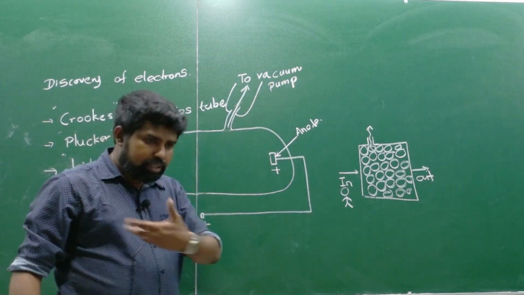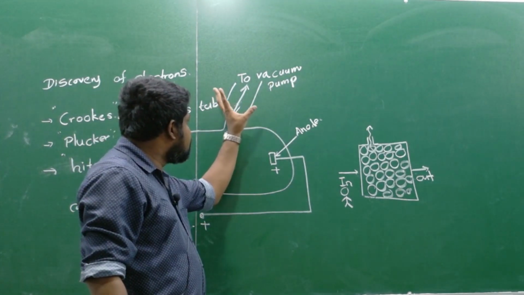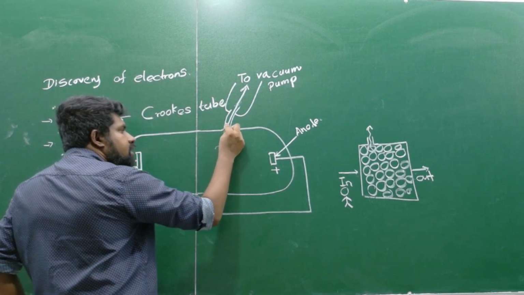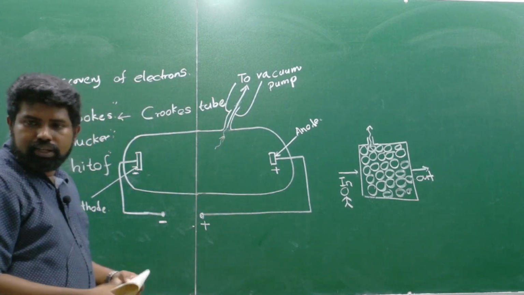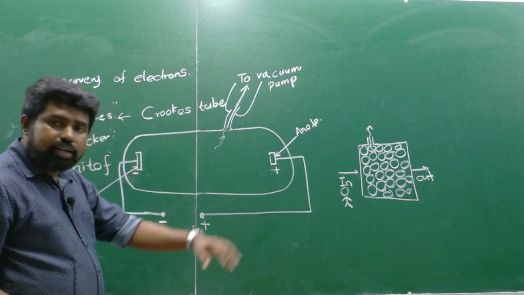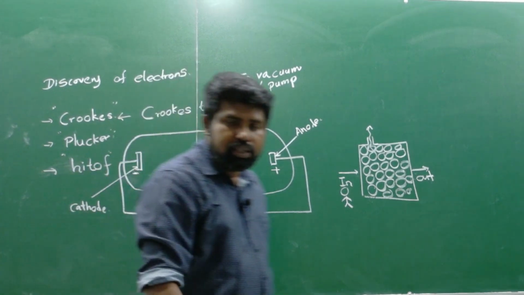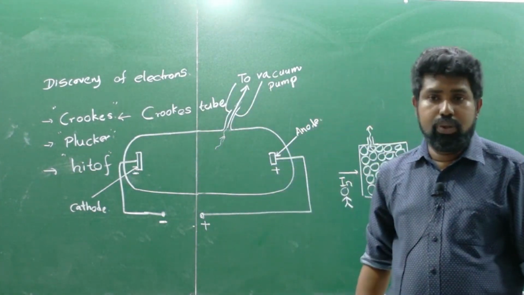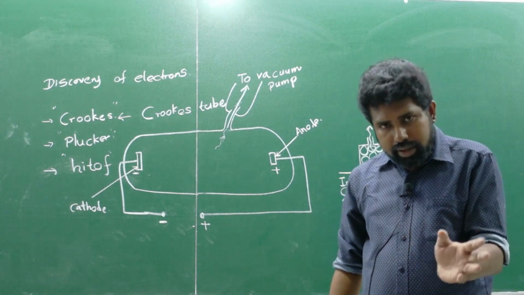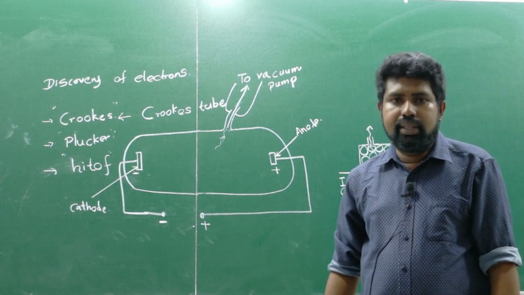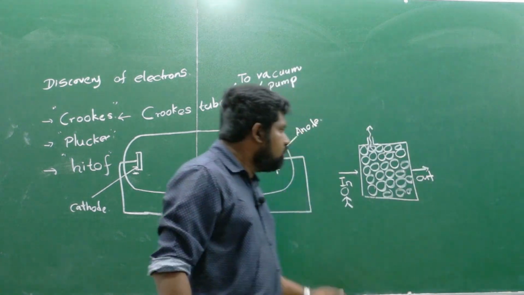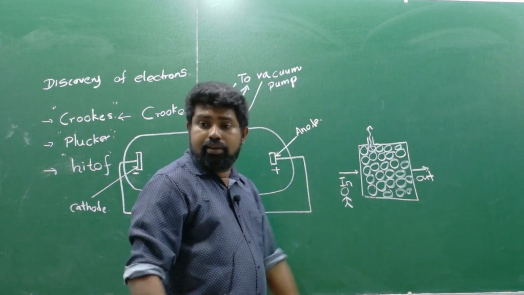A vacuum pump removes the gas particles inside this tube. Therefore the crowdedness reduces, so the current can easily pass. That was one thing that we do to pass electricity. We can connect this to a vacuum pump and remove some of the gas particles inside the tube.